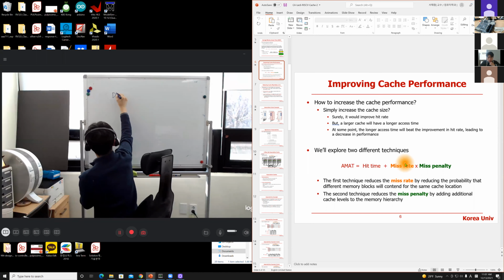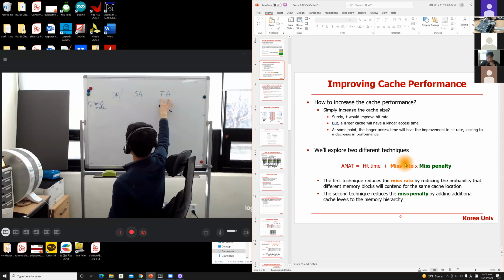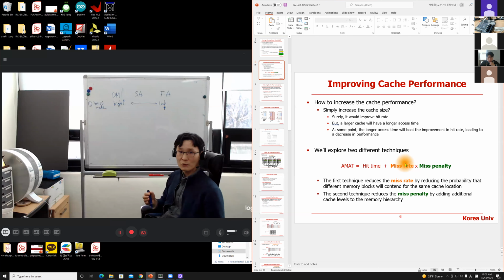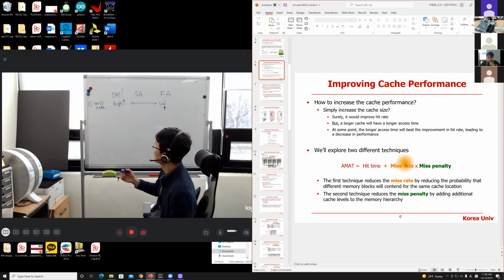When it comes to miss rate, fully associative cache is the best, right? Direct map cache has a very high miss rate, and fully associative has a very low one. Okay, so we went through a particular example. And how about access time?